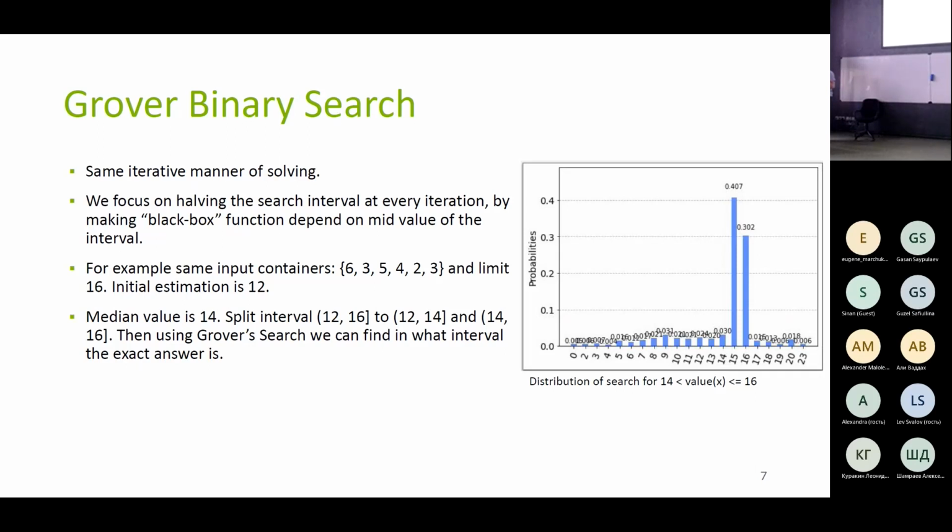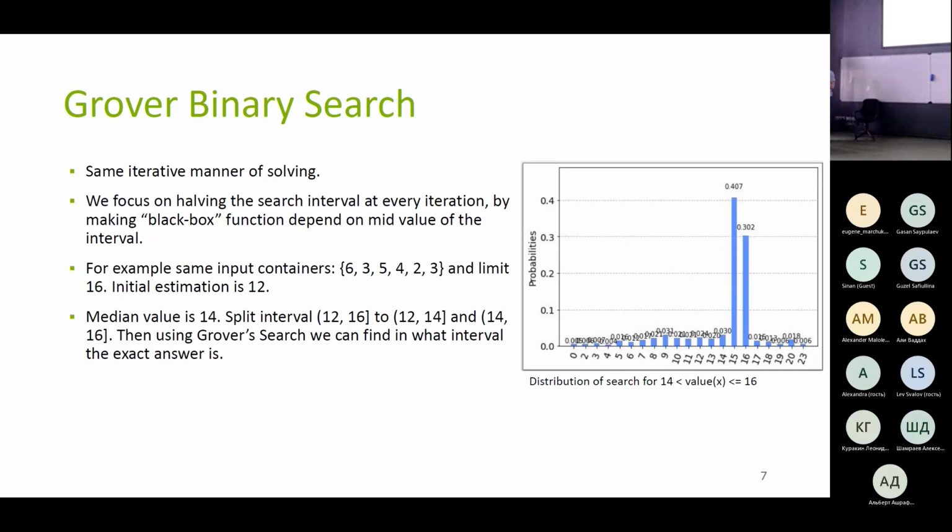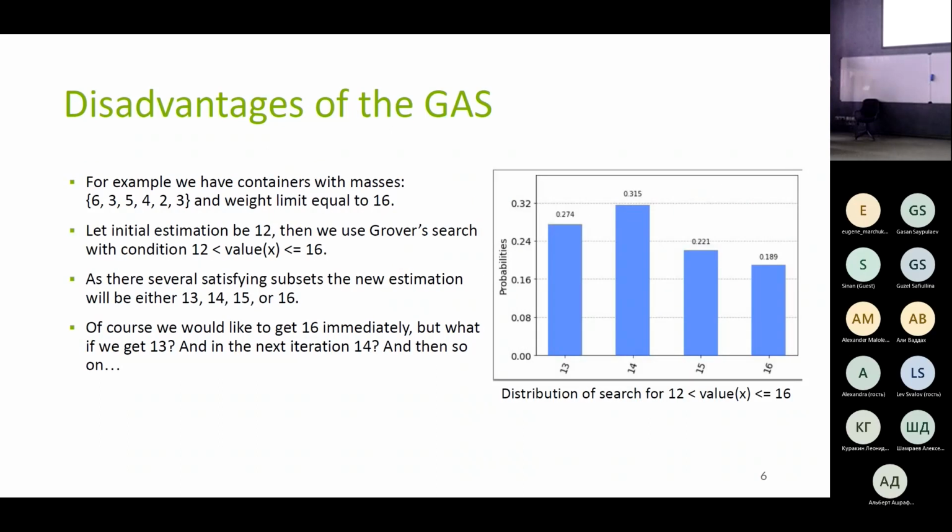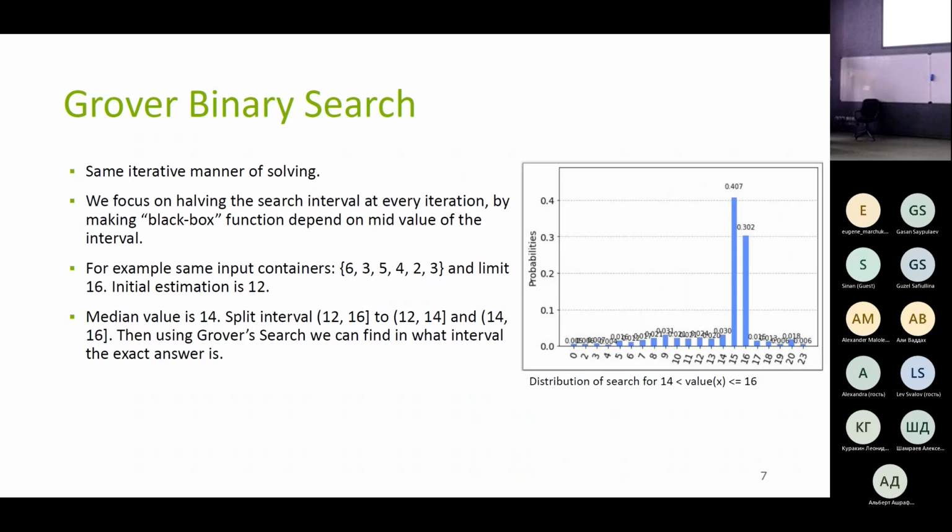So if we find any answer from the second half of this range, then it means that we go to the second half and we just halved our initial range. So you see, in this case, if we found values bigger than 14, then the new range of the answer will be from 14 to 16. If we fail to do so, we go to the first part. Either way, at each step, we will decrease the length of the range by half, which guarantees us logarithmic scale.